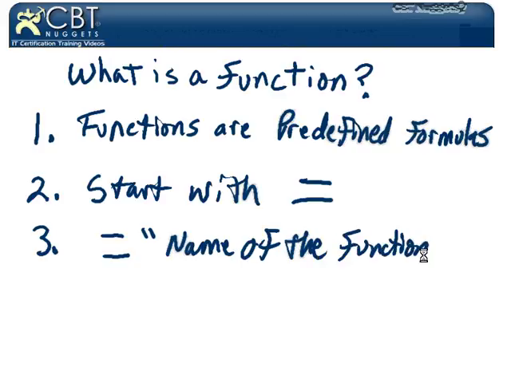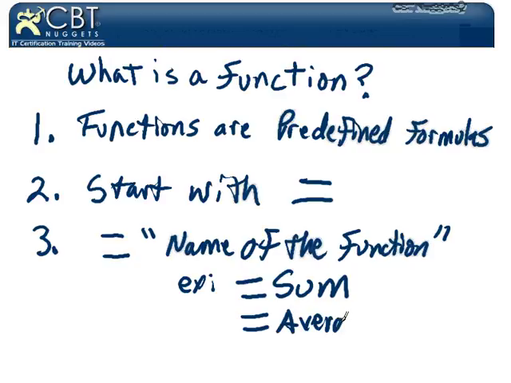It's not put in quotation marks, I'm just showing you it's the name of the function. So for example, you would say equal and then sum, or equal and average, or equal and PMT, which is for payment.